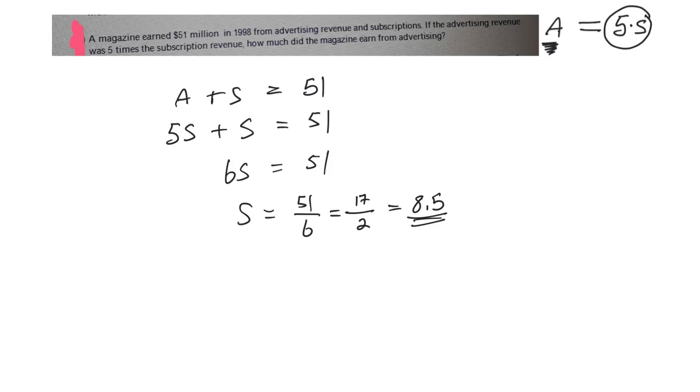And to get advertising, 51 take away 8.5 will be how much they get for advertising. So 42.5 million for advertising, 8.5 from subscription.